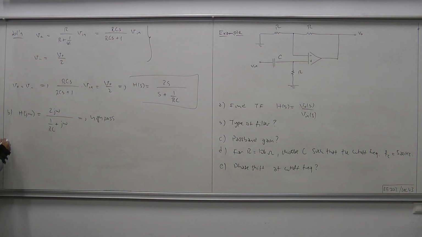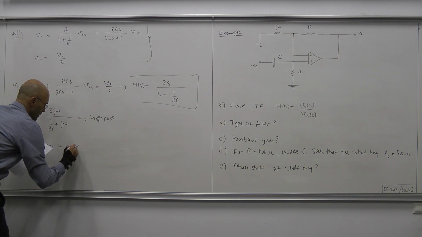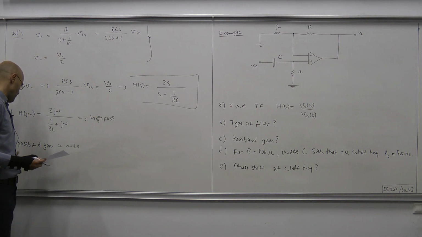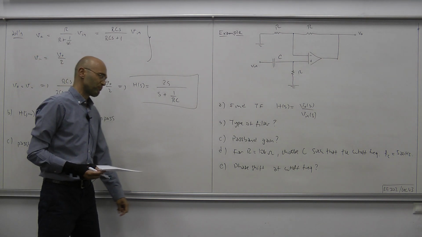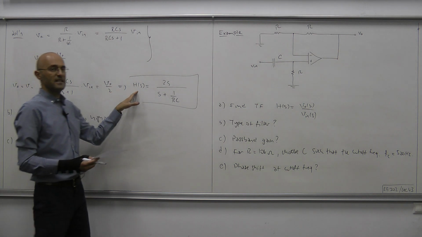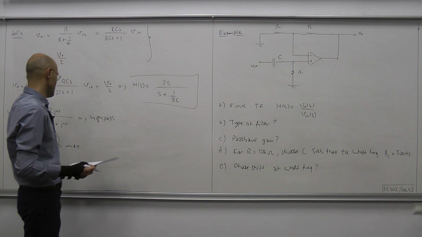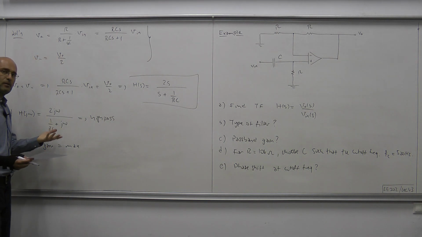Now, passband gain. Well, there's not a fixed gain throughout the passband, okay? Because the gain function is not a step-like function, but we can approximate it as a step-like function.